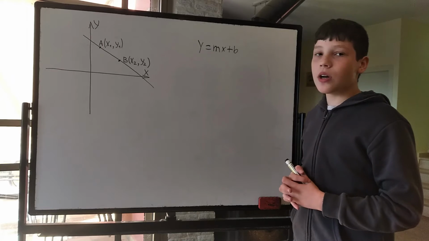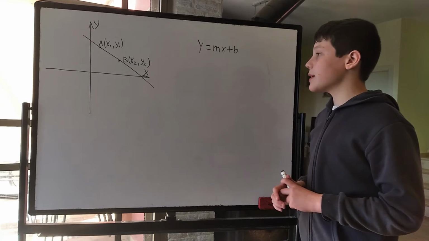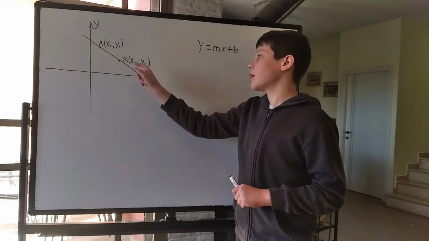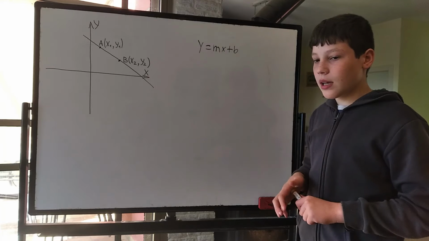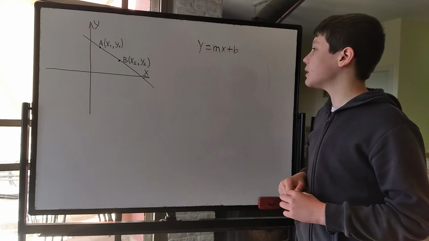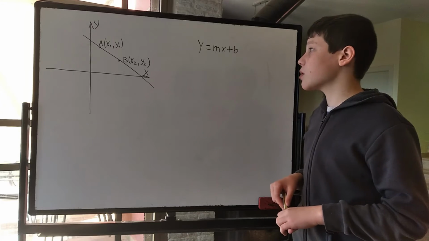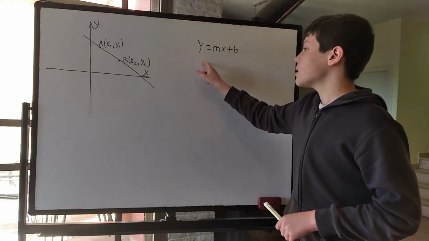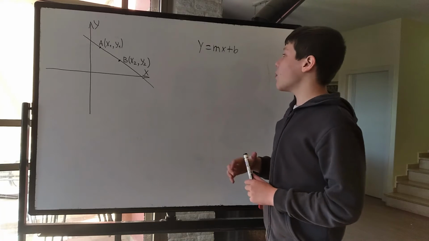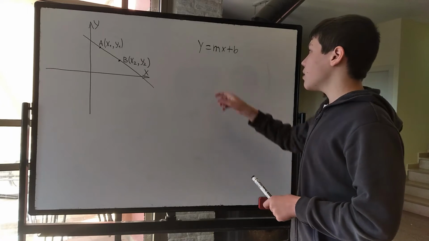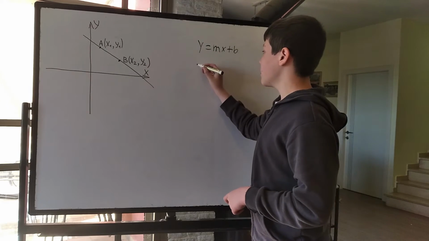So if we know that A and B are both on this line, it means that we can plug in x1, x2, y1, and y2 in such a way that we get two equations corresponding to A being on this line and B being on this line. So when A is on this line, the y is y1 and the x is x1.